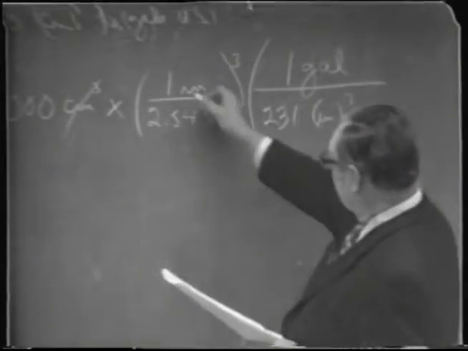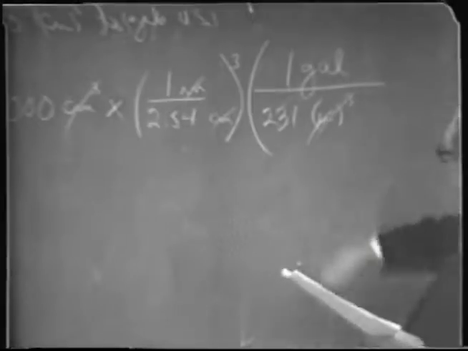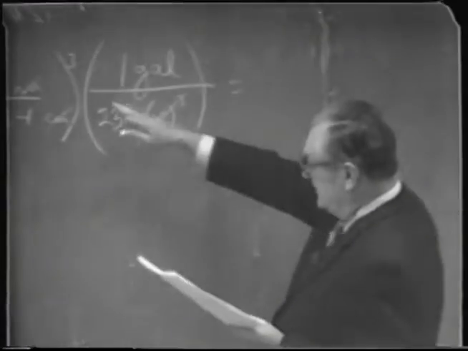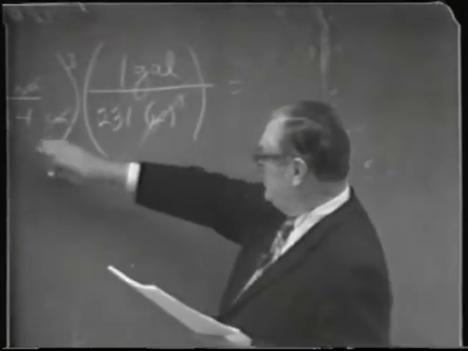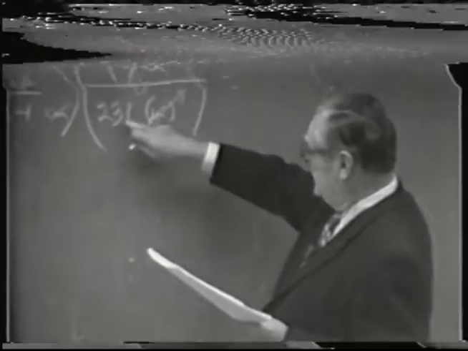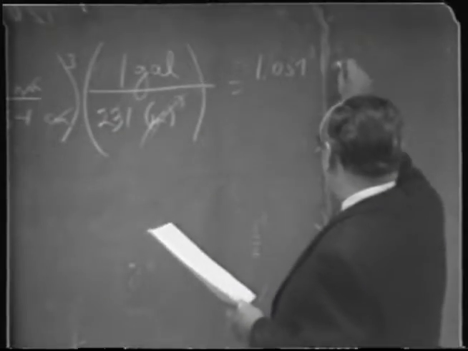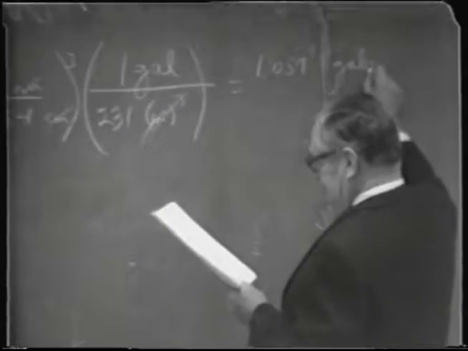And so now our cubic inches cancel out. And so the answer, multiplying this out, is 4,000 divided by 2.54 cubed divided by 231, which comes out to be 1.057 gallons.